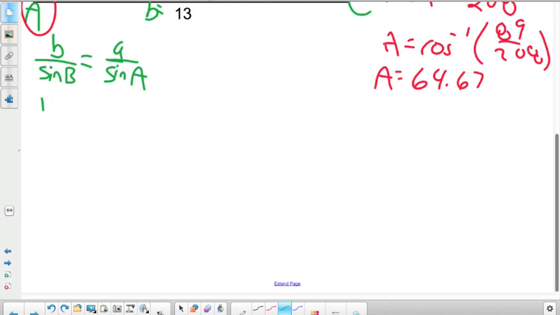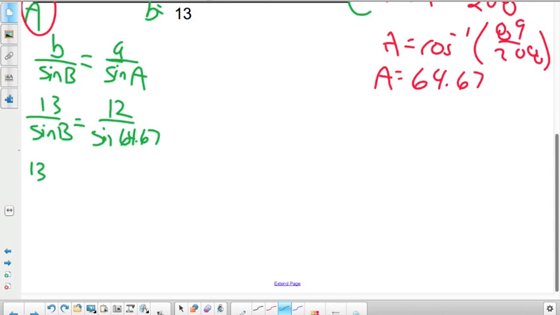So sine of B over 12 is equal to sine of 64.67 over 13. Now I got B as my numerator, I'm going to cross multiply.